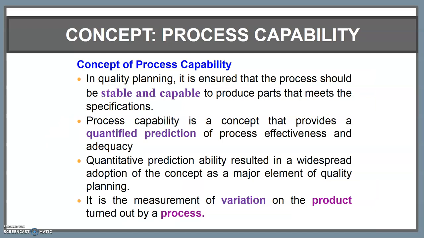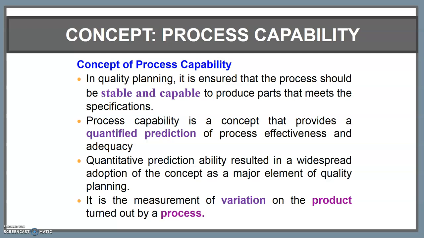Therefore, the concept of process capability is to ensure the process is stable and capable of producing a part that meets the specification. Process capability is a quantitative prediction method to predict the process effectiveness and ensure that the product is robust in dimension and quality.